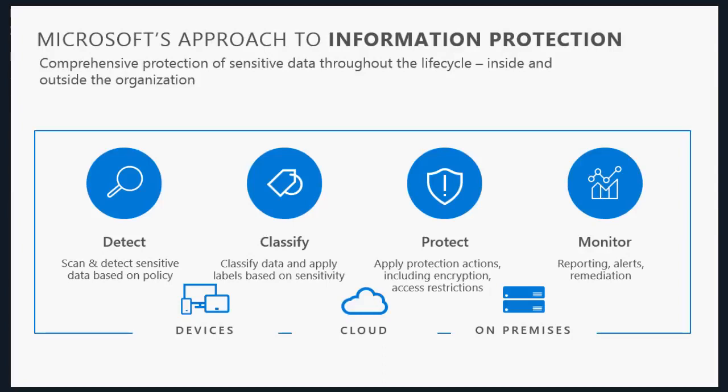And the fourth pillar, of course, is once you have all of those facets working on devices, on-prem and cloud, you want to be able to actually see and monitor what is happening with that data once it's been created, classified, and protected. And we have several tools available to do that.